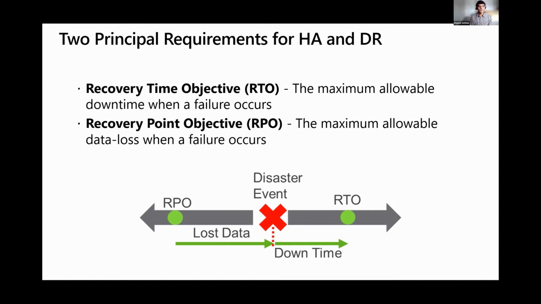And then RPO is for the lost data, which is the amount of data loss that's incurred when an event happens. And typically, as a DBA or someone who is managing the infrastructure on your primary side, you always want to achieve a scenario where the RPO is absolutely zero for high availability, because you cannot deal with data loss scenarios in your primary HA regions.